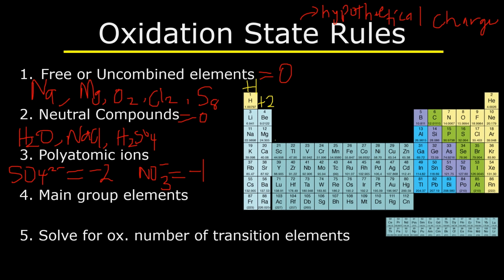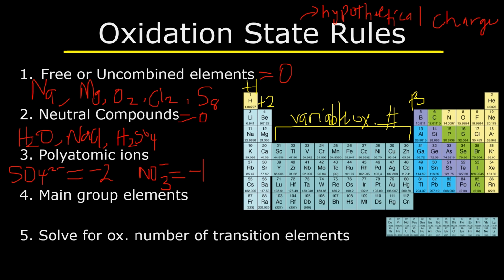But then if we go into this area over here, these are your transition elements. And one thing about them is that they have variable oxidation states or oxidation numbers. We interchange the two. And then boron, that's group 3. So that usually forms +3.